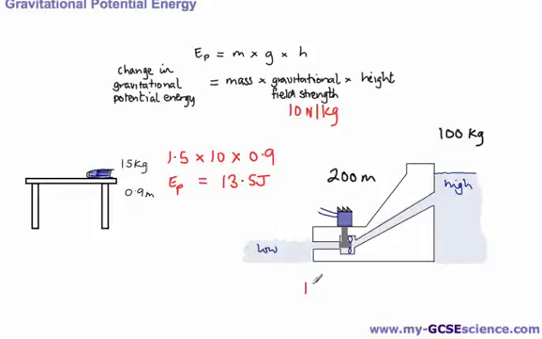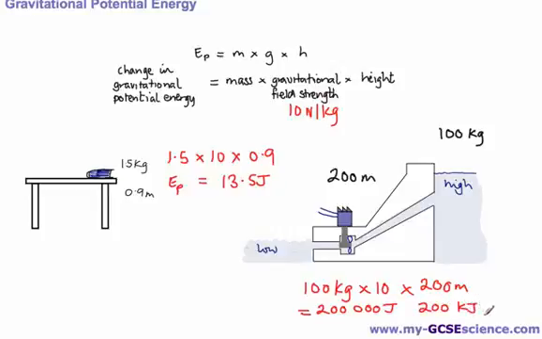So the mass is 100 kg times 10 times 200 meters, which is the height. Work all that out and you get an answer of 200,000 joules, and you can simplify that to 200 kilojoules. Okay, so that's a quick overview of how to use those two formulas.